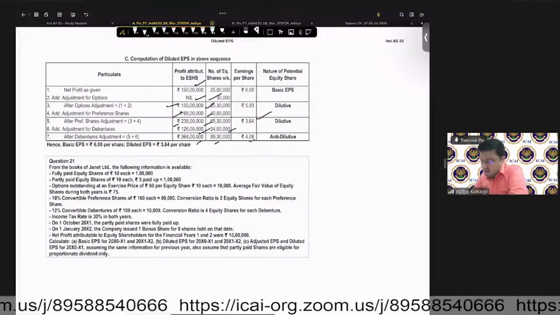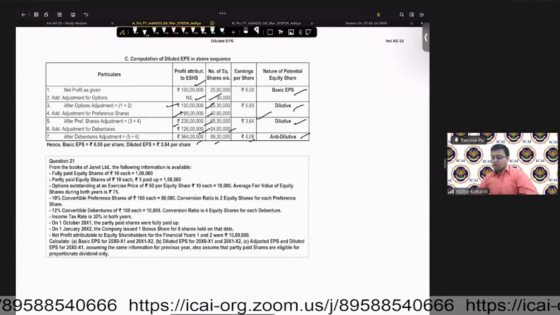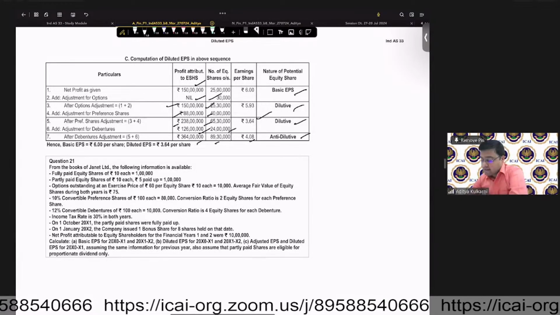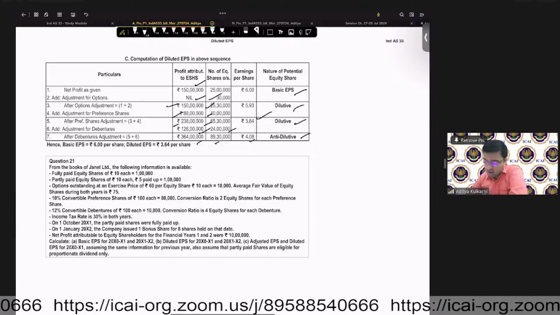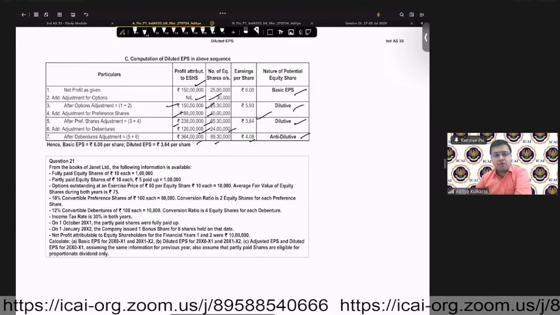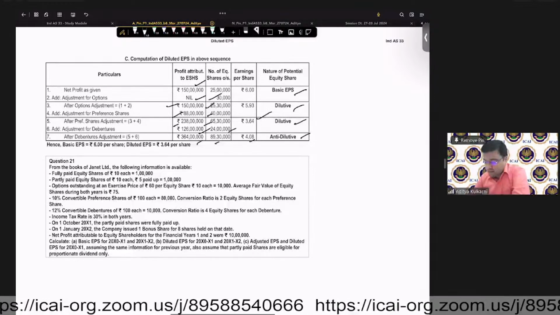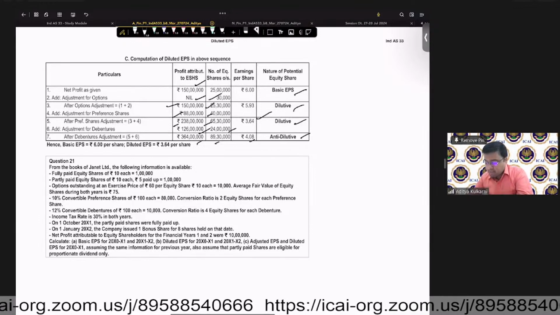So take the total, and at each stage you calculate the diluted EPS. The first one, basic, is 6. Dilutive is 5.93. Your adjustment for preferences brings it to 3.64.